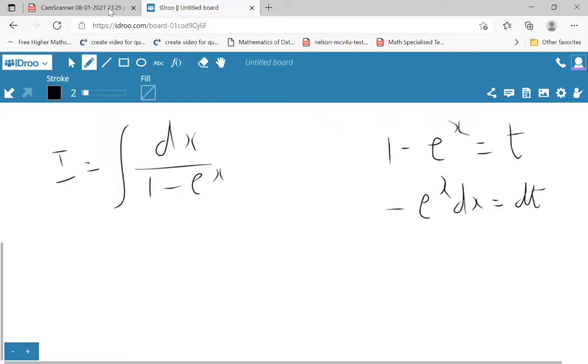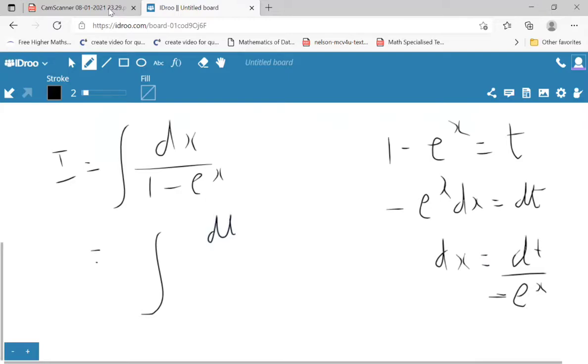So in the place of dx, we can write dt by minus e to the power of x. But what is minus e to the power of x? Minus e to the power of x is nothing but t minus 1. So that would be dt by (t minus 1) by t.